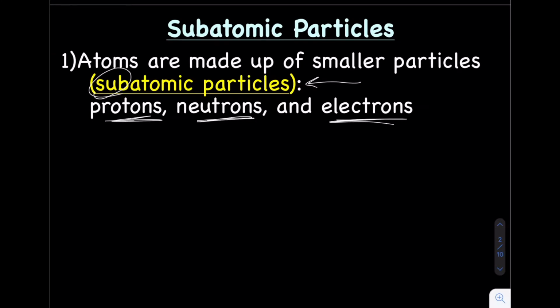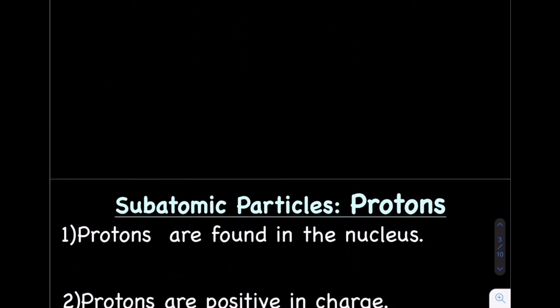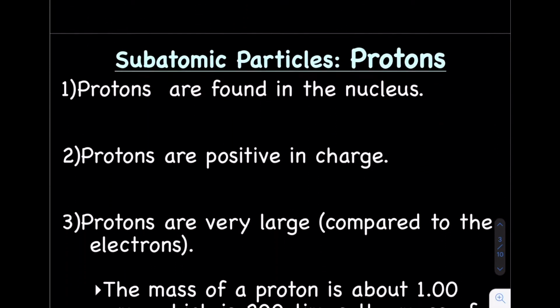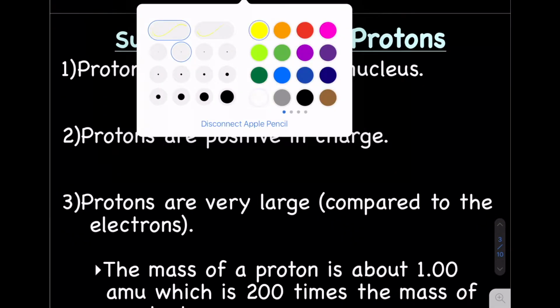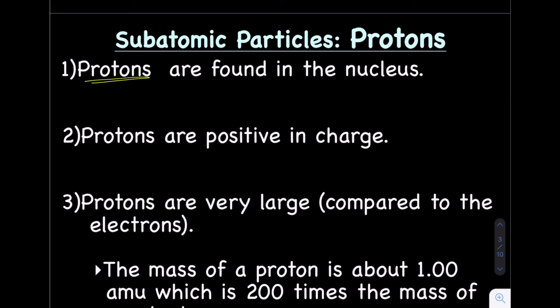So let's spend a little bit of time talking about each of these subatomic particles. We'll start with the protons. Protons are found in the nucleus. And protons have a positive charge.